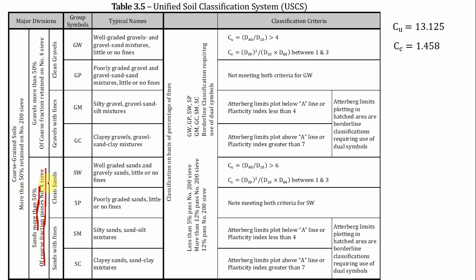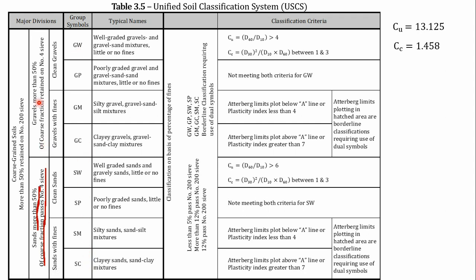Okay? By the way class, pag sinabi natin coarse grained soils, yung possible answer natin is 8. It's either GW, GP, GM, GC, SW, SP, SM, at SC. Ito yung possible answer natin, iyang 8 yan class.